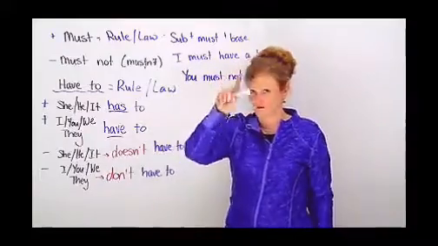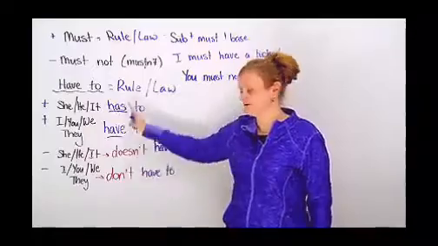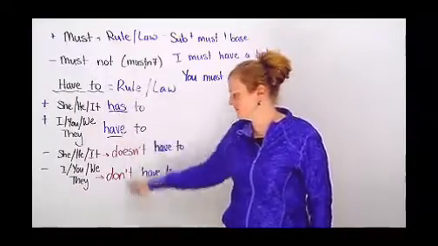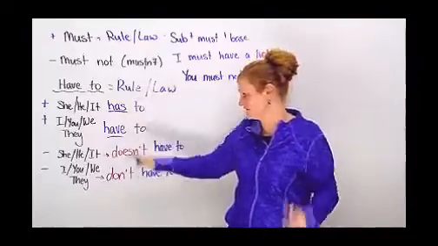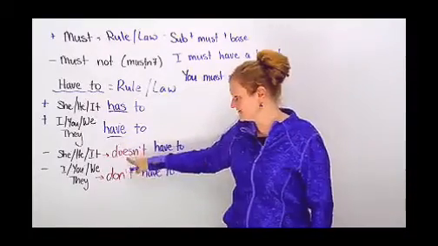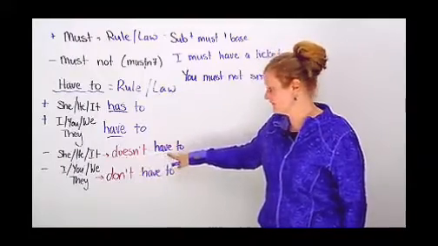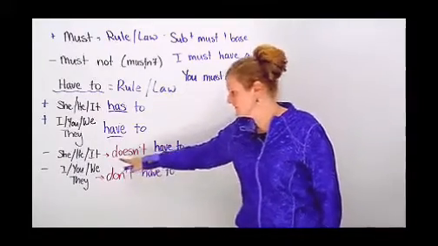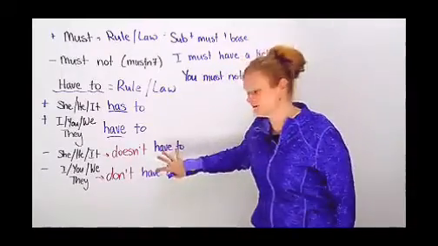So, rule number 1. When you have to, you have to be careful, or you must be careful, of the function and of the structure, because the structure is crazy. If you use negative, we do not change the verb here. We use the auxiliary verb doesn't and don't, but you keep the verb.